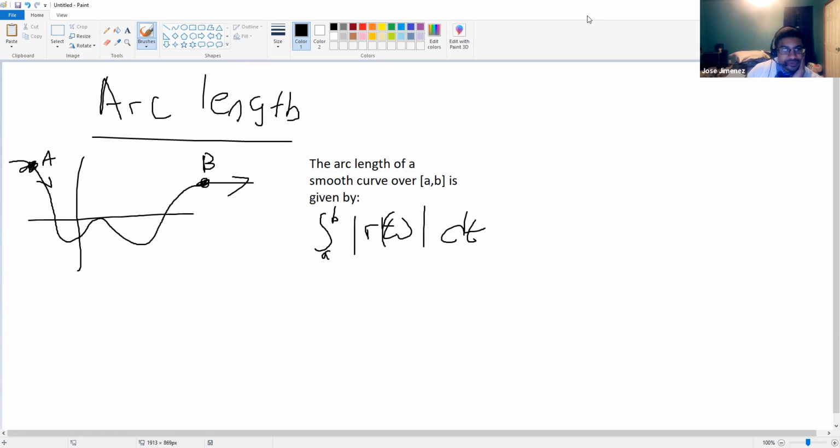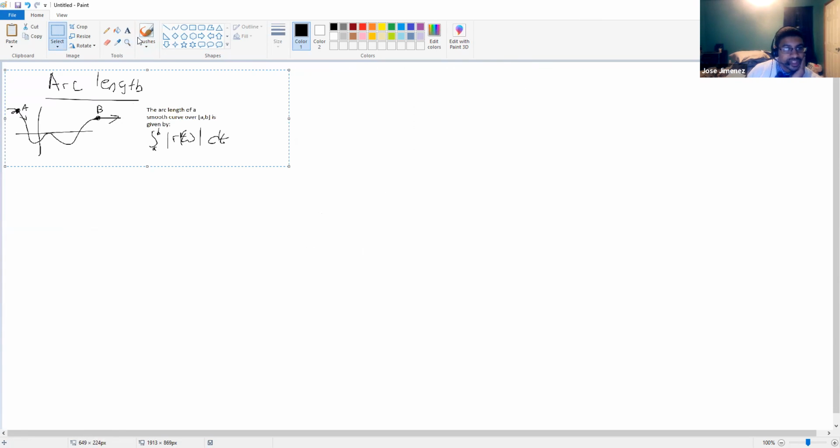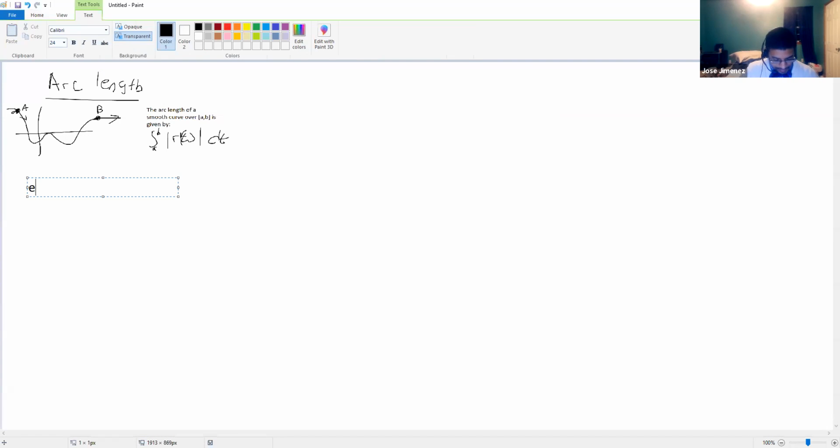Okay, so let's do a specific example. Let's keep this definition on the board. Let's just minimize it. We're going to need a lot of room, so maybe minimize it like that. Okay, the example. And this one is going to be an easy example, because easy is good.